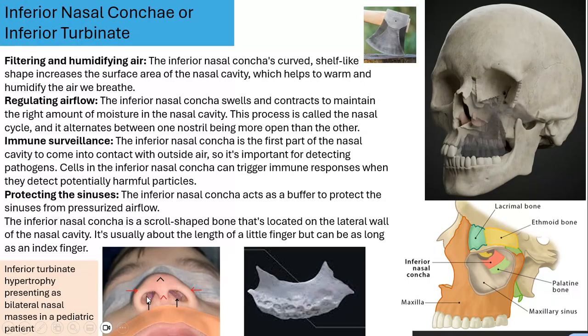Now, if you have a hypertrophy, as you can see here, it may also cause issues with airflow, because it's hypertrophic. The inferior nasal concha is a scroll-shaped bone located in the lateral wall of the nasal cavity. It's usually about the length of a little finger, but it can be as long as an index finger.